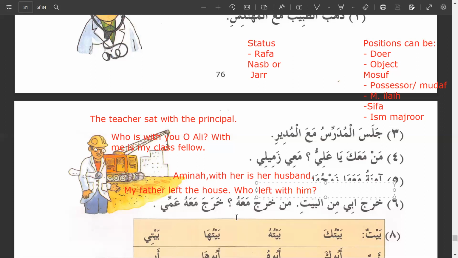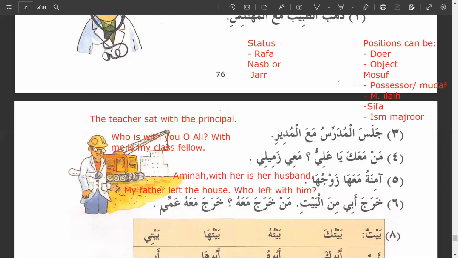My father left the house. Who left with him? Man kharaja ma'ahu. Kharaja ma'ahu ammi. With him left my uncle. Ammun is uncle.